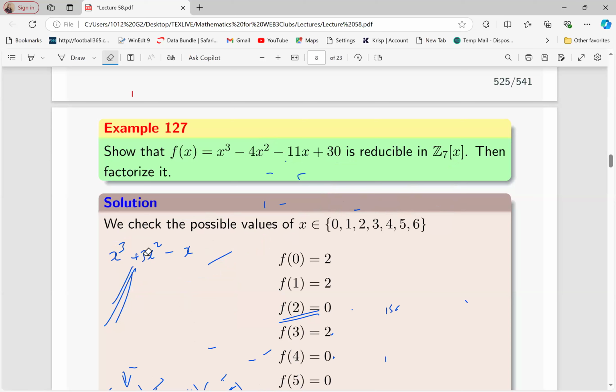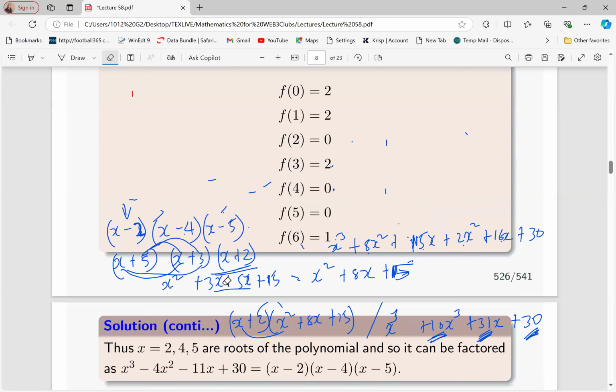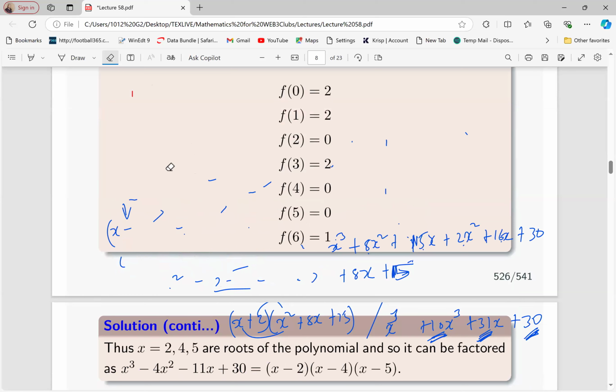But you may find that in another field you cannot factorize it. But we were able to factorize this in the field of integers mod 7. Yes, that is how we do it.